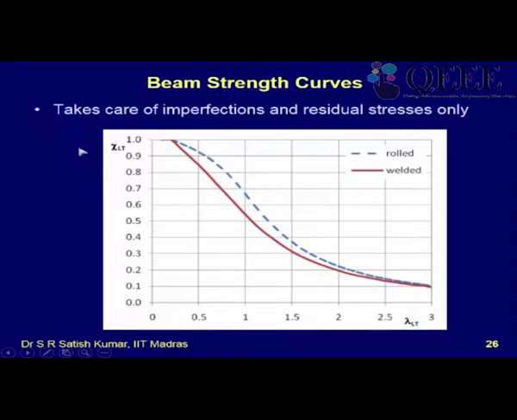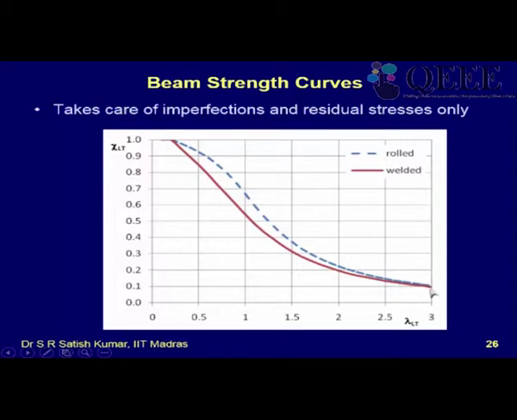Okay. So coming back to the beam strength curves, substituting those two values of alpha, and if you calculate chi as a function of lambda, you will see that the graph goes like this. So for the rolled section, this is the graph, the blue dashed line, and for the welded section, this is the orange continuous line.